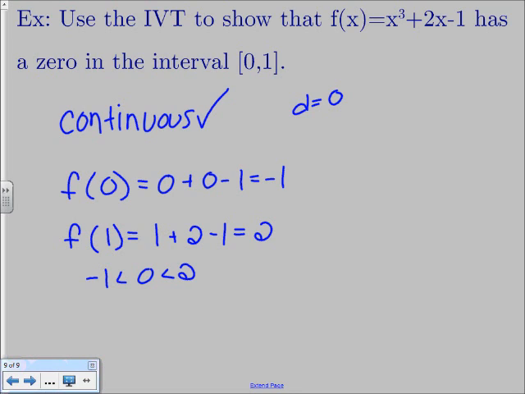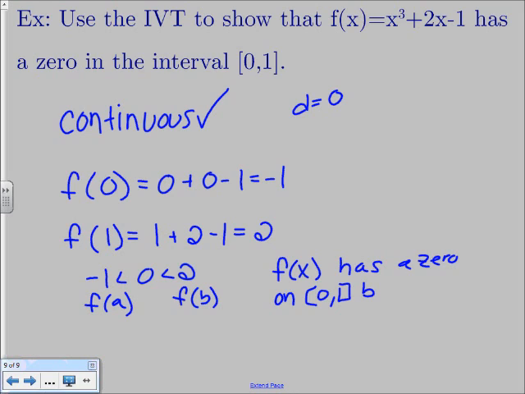Because 0 is in between negative 1 and 2, or f of a and f of b, we can say that f of x definitely has a 0 on the interval from 0 to 1 by the intermediate value theorem. That's because 0 is in between the two y-coordinates for the endpoints, so there has to be an x value in between 0 and 1 that would give you that y-coordinate of 0. So that's how you go about using the intermediate value theorem in a problem.